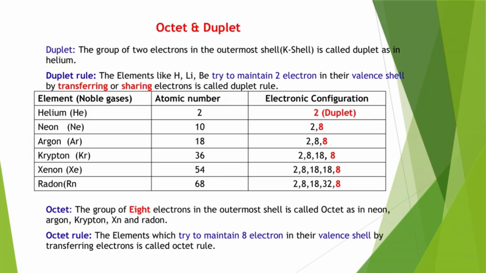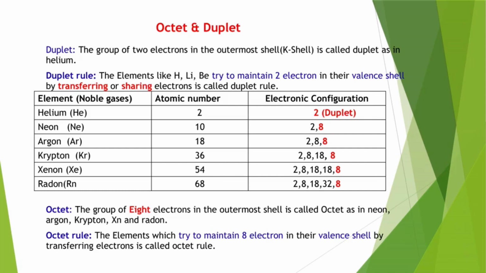Having 2 electrons in the outermost shell is a stable condition for helium, atomic number 2.